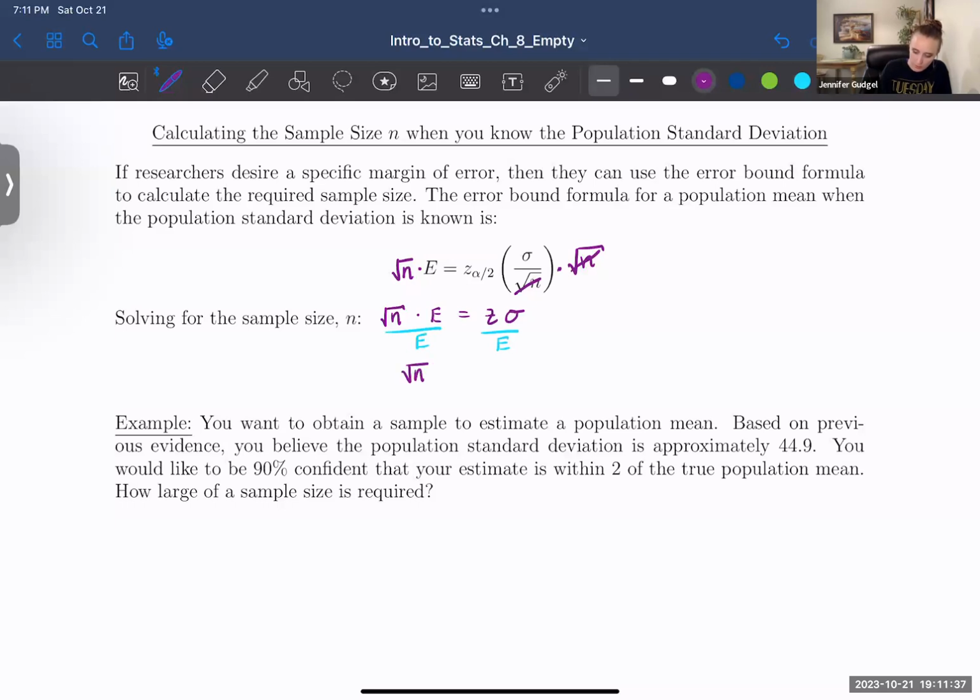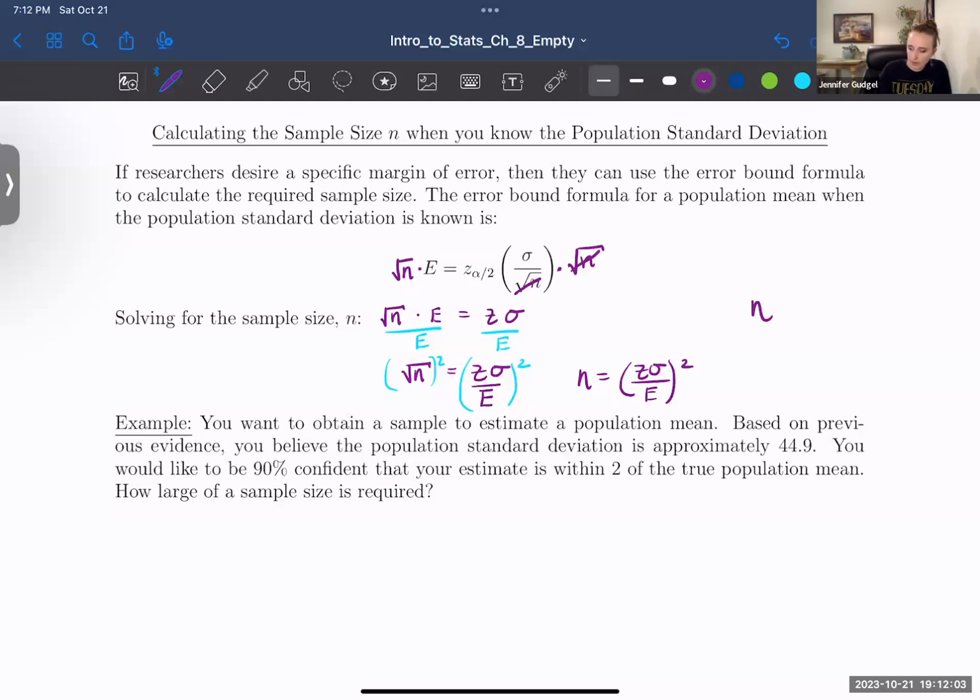So now I have the square root of n is equal to z times sigma over e. I wanted n, not the square root of n. So to undo a square root like that, you square both sides. So now I have n is equal to z times the standard deviation divided by the error bound, all squared.